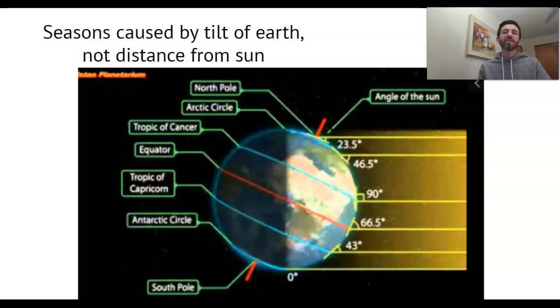It has to do with angle of incidence, okay? With the angle that the sun is coming in. That's how we get the seasons, okay? The angle is fairly consistent at the equator, and then it changes more dramatically as you go toward the poles, okay? So again, seasons are caused by the tilt of the earth, not by distance from the sun.